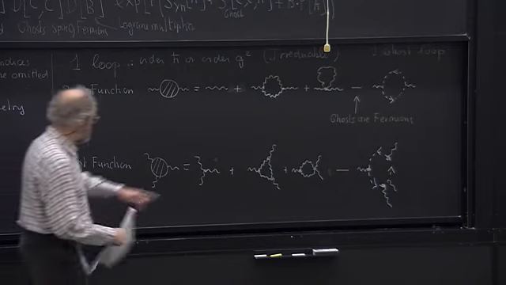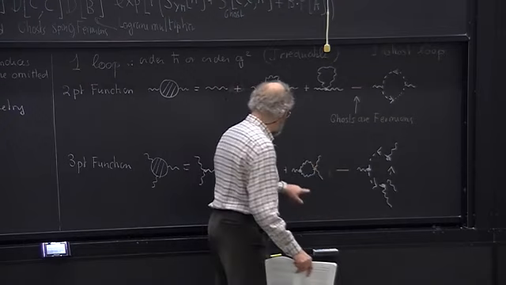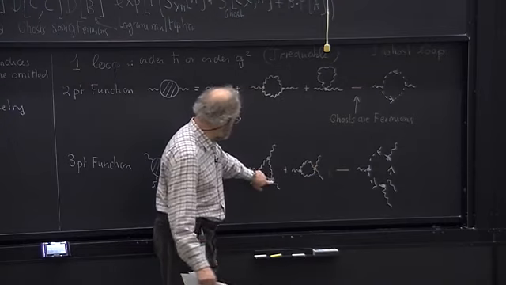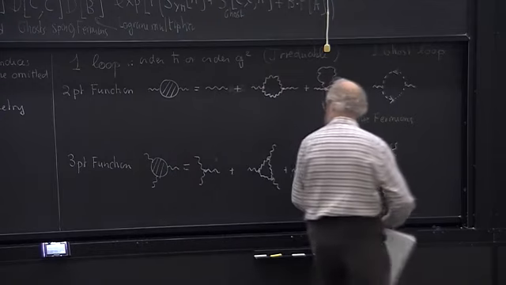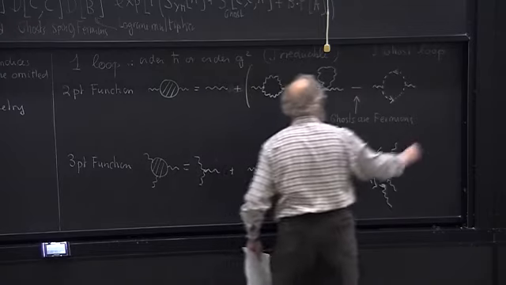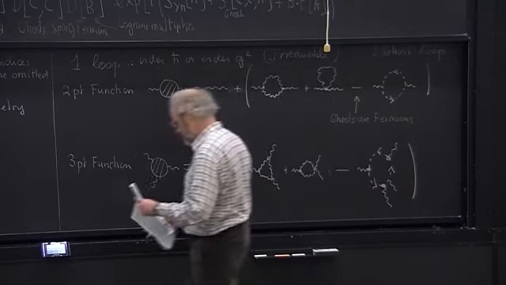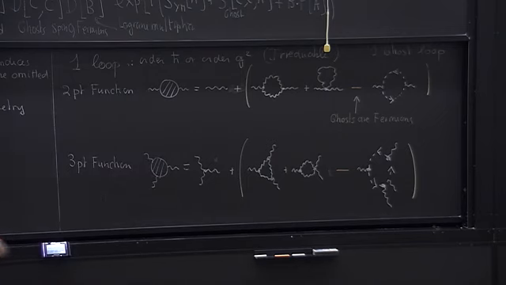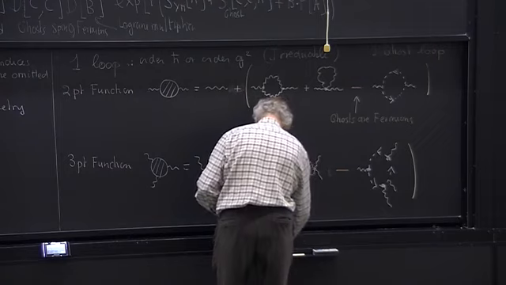So this term is of order g, this term is of order g cubed, because this is of order g, of order g, of order g, this is of order g squared, okay, etc. So all these terms are the one-loop diagrams, okay? And, well, again, you can write the 4-point function.